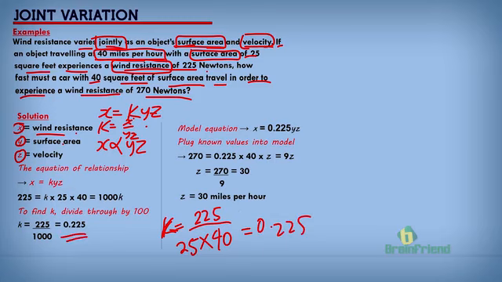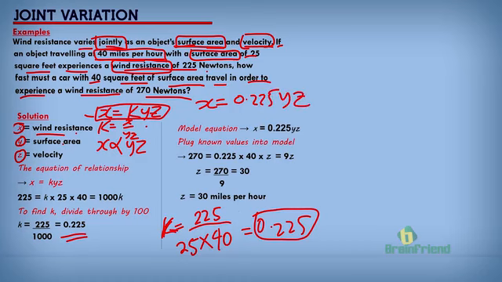So, knowing the value for k from the first method we learned about, what do we do? We impute that value into the original relationship, which is x is kyz. K is 0.225, so x is 0.225yz.